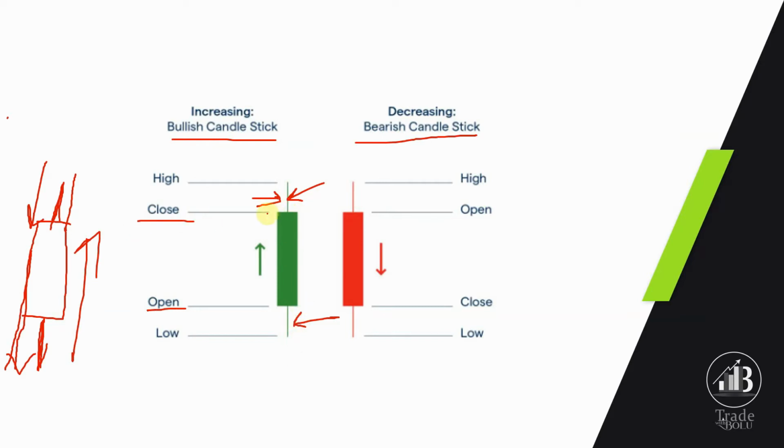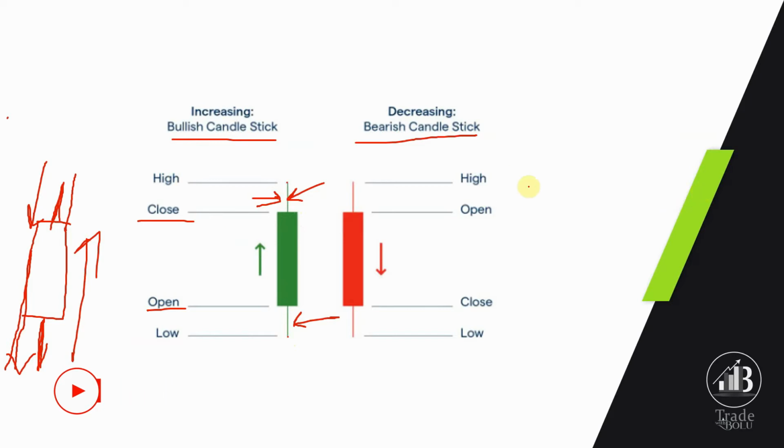That's the body of the candle, and these are the wicks. This is known as the high, and this is known as the low. The low is simply the tip of the wick down, and the high is the tip of the wick up. So we have the open and the close.